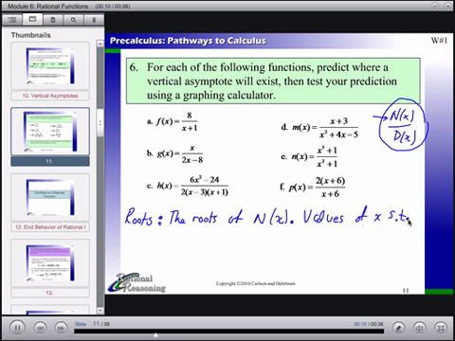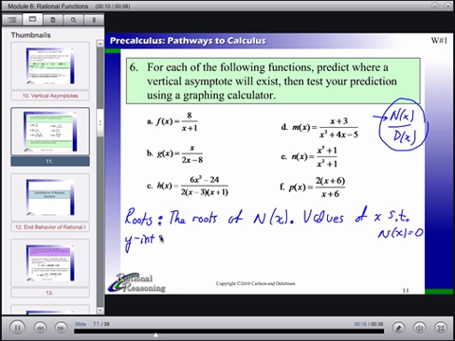We do find the roots of the denominator, but they are not the roots of the rational function.